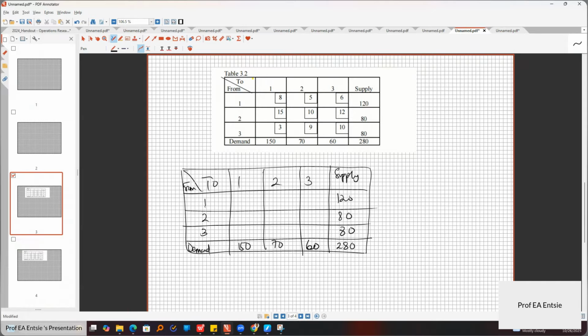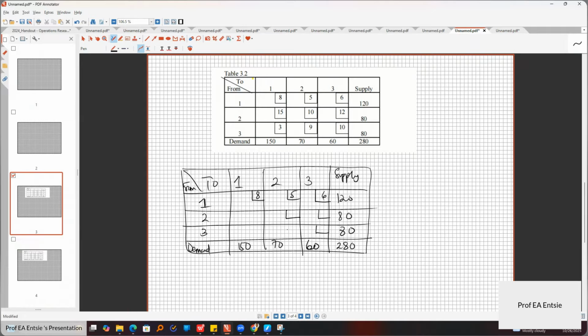These smaller boxes in the squares are what we are calling the cost. So the cost for you to transport concrete from plant one to site one is $8. That's the one in the small box in the square. Then the cost of transporting from plant one to site two is $5, and to site three $6.